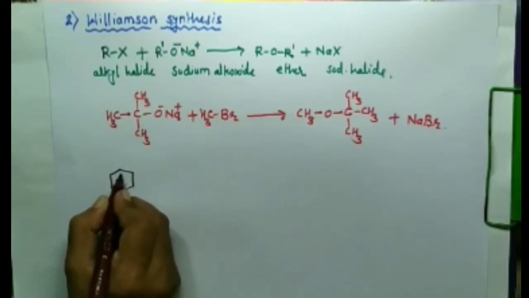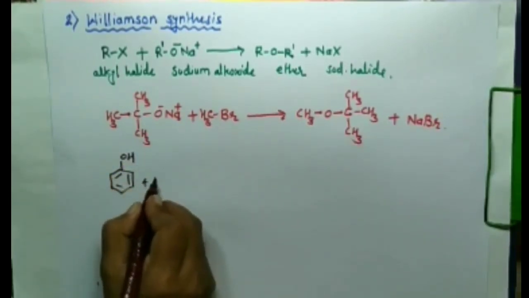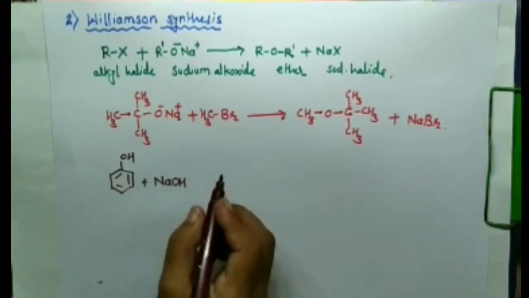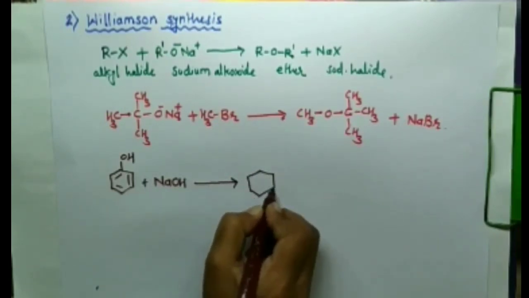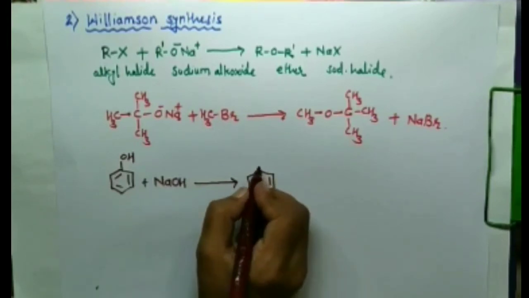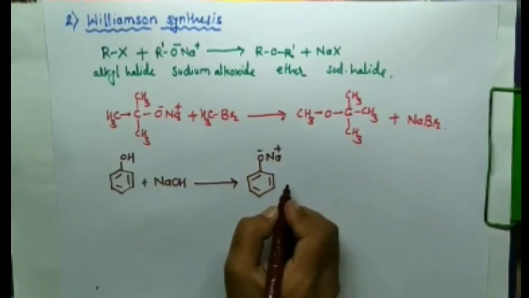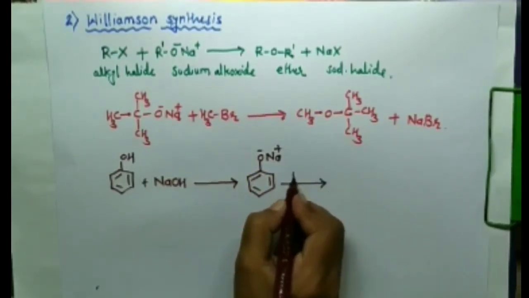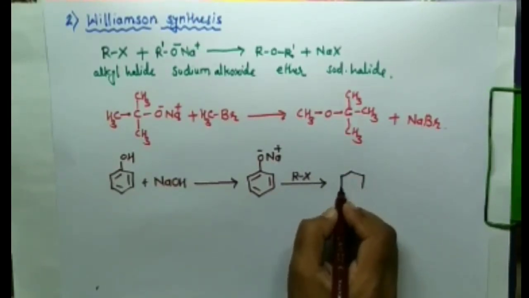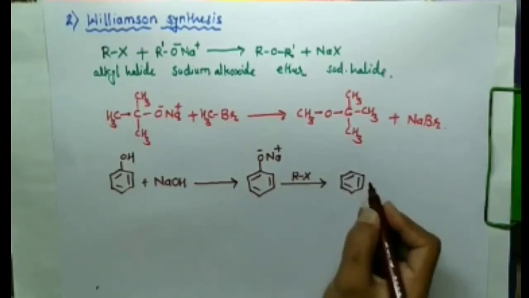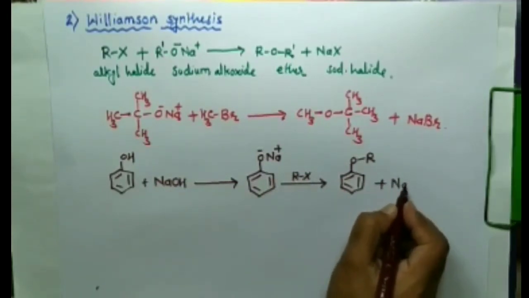So phenol, when it is treated with NaOH, we will get sodium phenate, and this when it is treated with any alkyl halide RX, it will give us an aromatic ether. In this substitution reaction we will get aromatic ether and a side product, that is NaX.